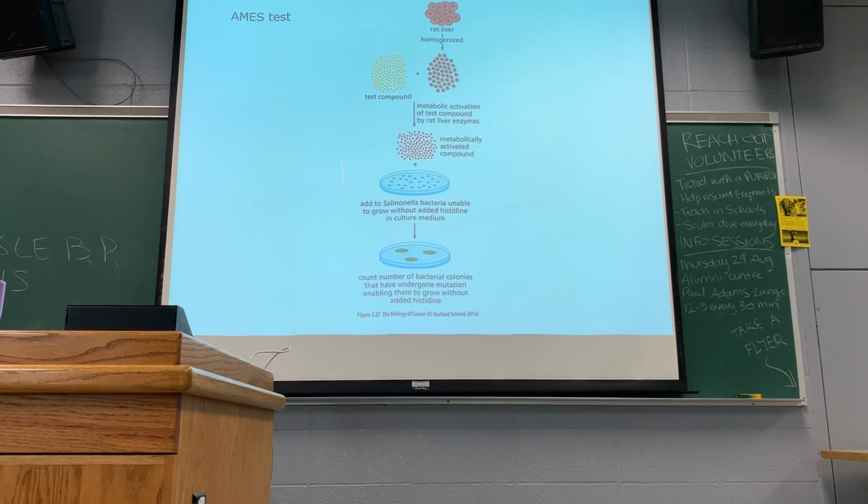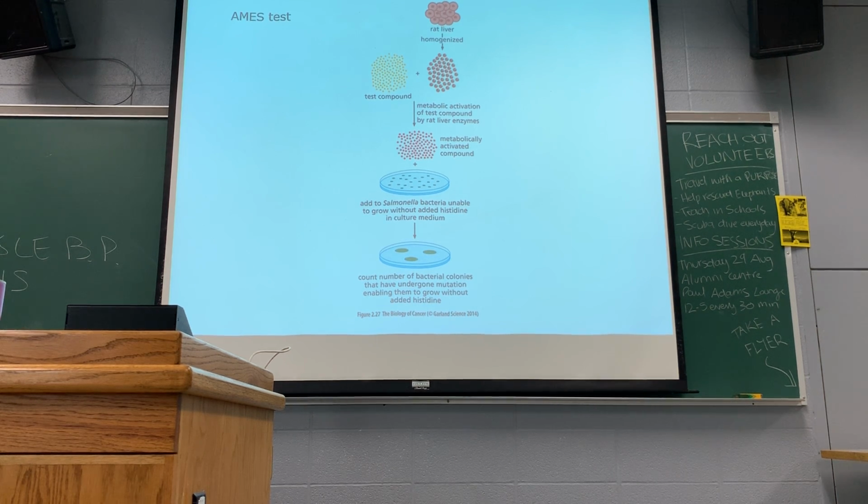These bacteria, remember, they didn't have any CYP450. They don't have cytochrome P450. And so let's just say that this test compound was the benzo[a]pyrene. You put that on the bacteria, it's actually not a mutagen. It's not an electrophile, it doesn't touch the DNA, okay?